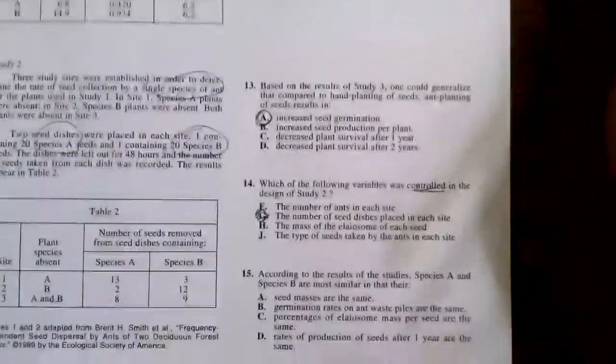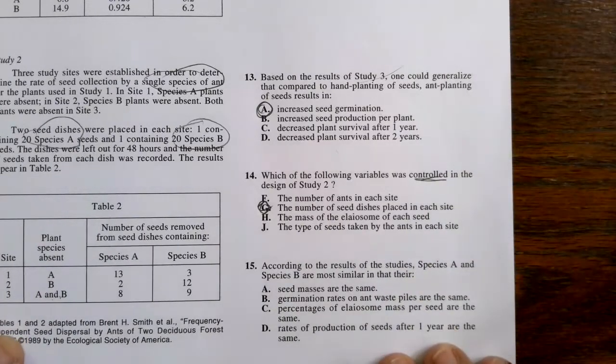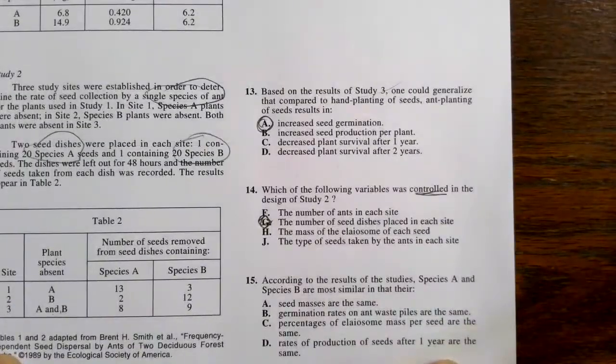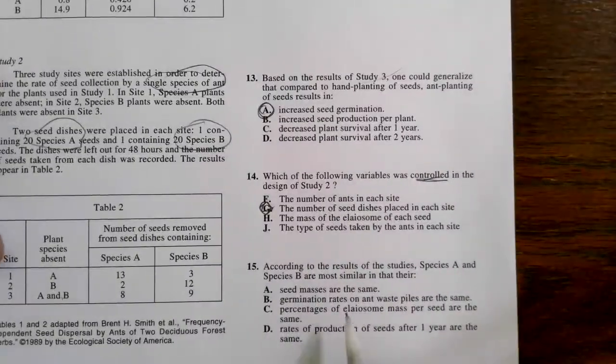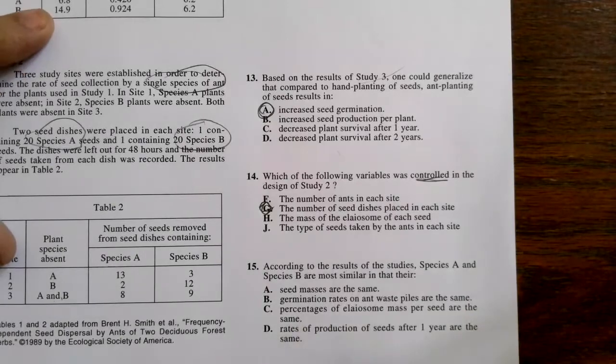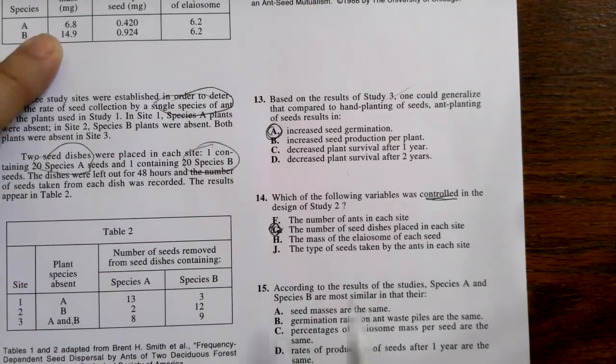Number 15. According to the results of the studies, species A and species B are most similar in that their seed masses are the same? Let's see, are their seed masses the same? No. Are their germination rates on ant waste piles the same?